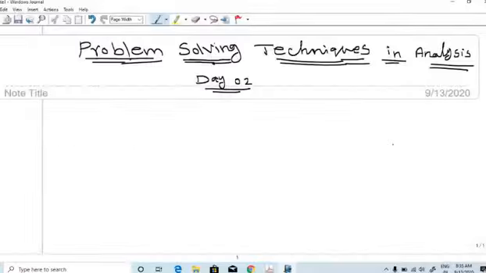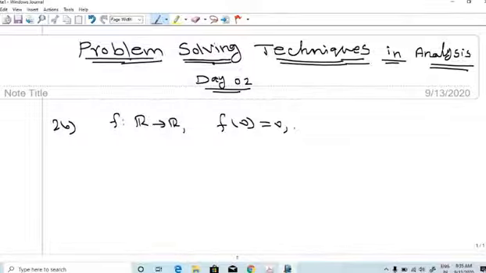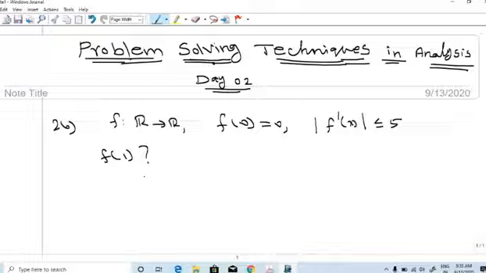So 26th problem, they given that f is a function from R to R and f of 0 equals 0 and modulus of f dash of x for all x is less than or equal to 5. Now we have to find out what is the value of f of 1. Therefore consider the closed interval 0 and 1.